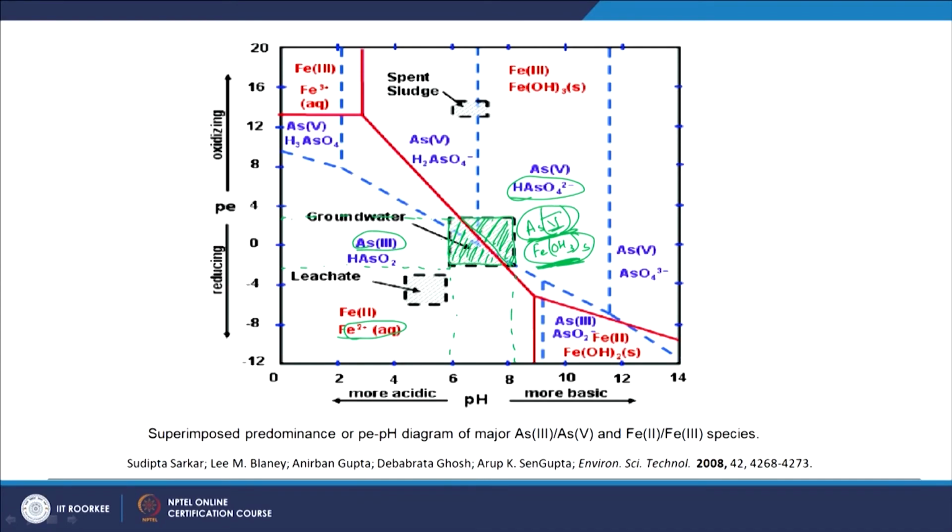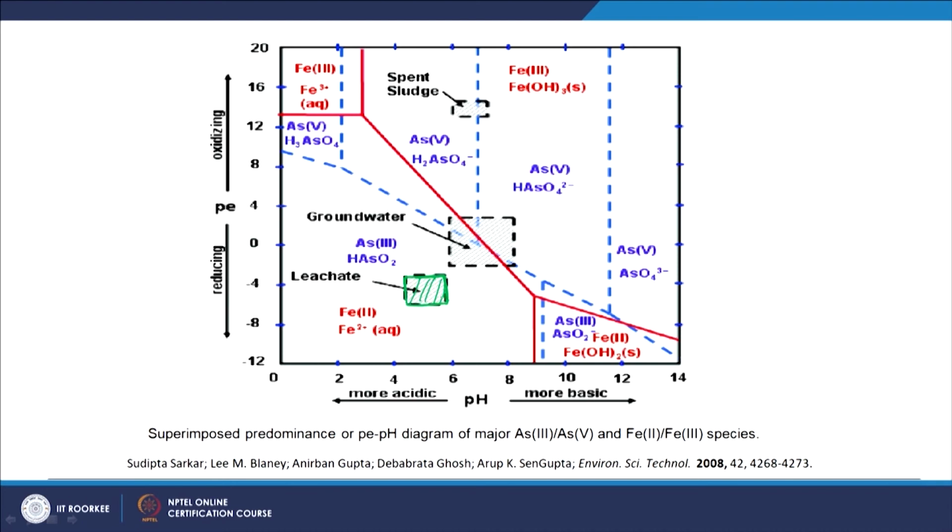So again, that is a particular understanding with respect to estimating the concentrations of arsenic, a carcinogenic, toxic compound, in your particular system. Now, one other aspect is, let us say, the leachate from your mines, and here it looks like the relevant pe-pH range is within this particular area.